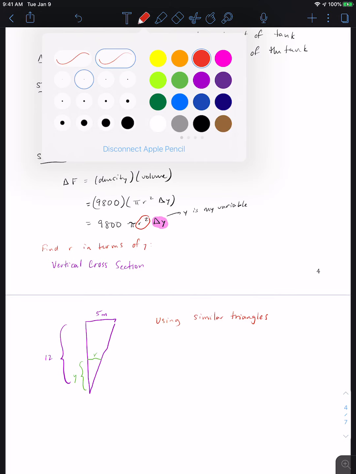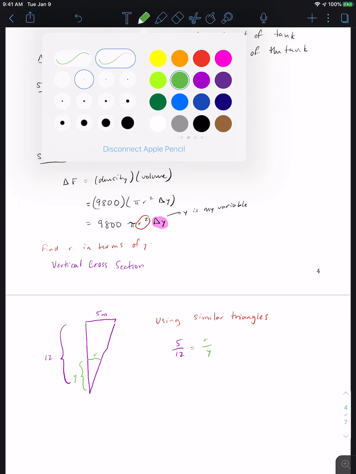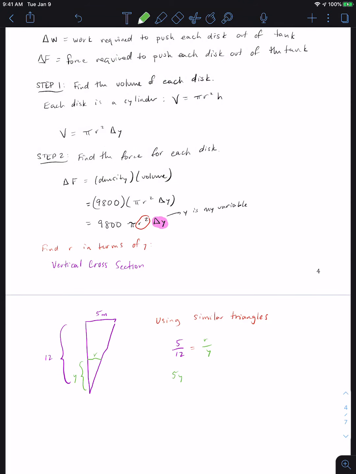We get that 5 over 12 is equal to r over y. So now if we solve that, we end up getting that 5y equals 12r. So in other words, 5 over 12 y equals r.